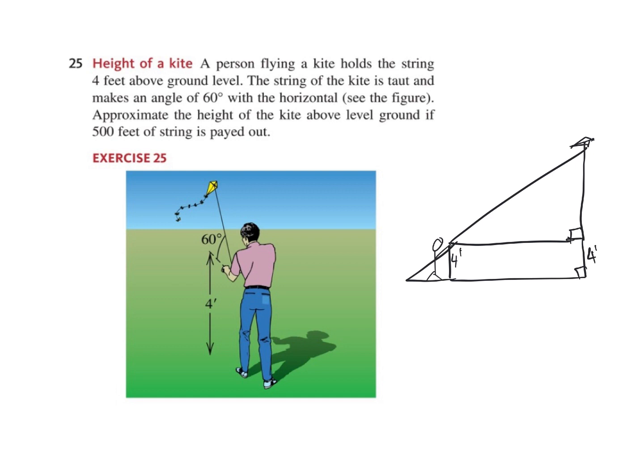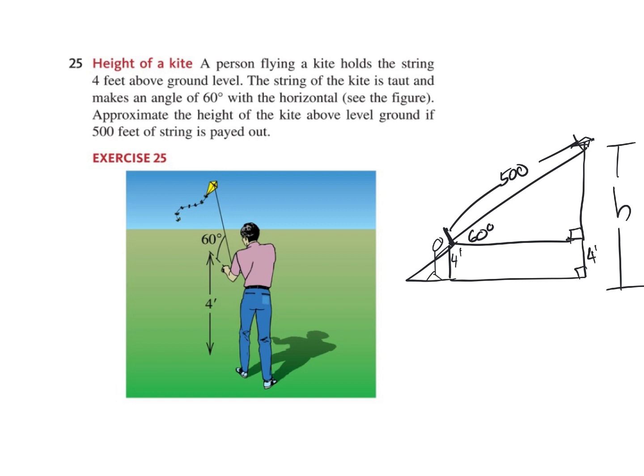The string of the kite is taut and makes an angle of 60 degrees with the ground. Approximate the height of the kite above level ground if 500 feet of string is pulled out. 500 feet of string, that's a lot of string. All right, so how high is the kite?